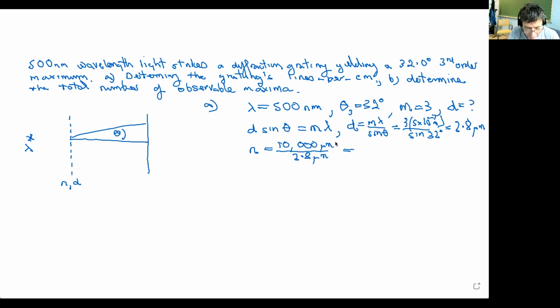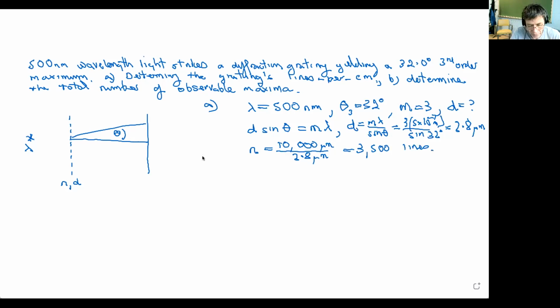When I divide 10,000 micrometers, a centimeter, by the distance between a pair of lines, 2.8 micrometers, I'm just going to get a number. And this number comes out to be about 3,500. It's just the number of lines, number of slits of the diffraction grating in 1 centimeter, in 10,000 microns.